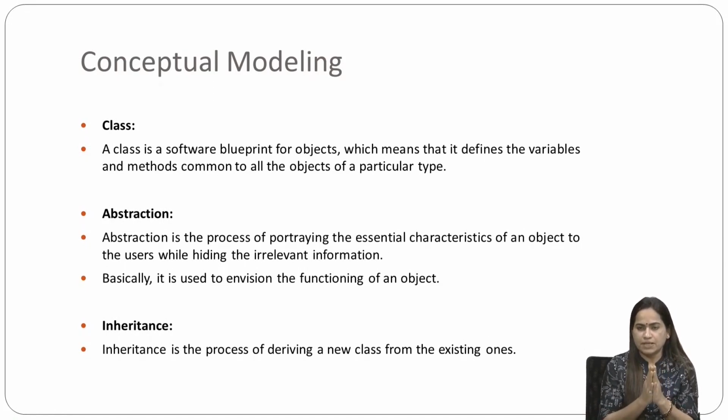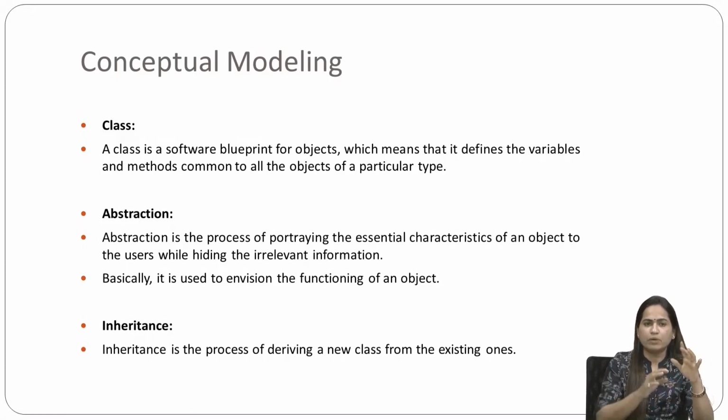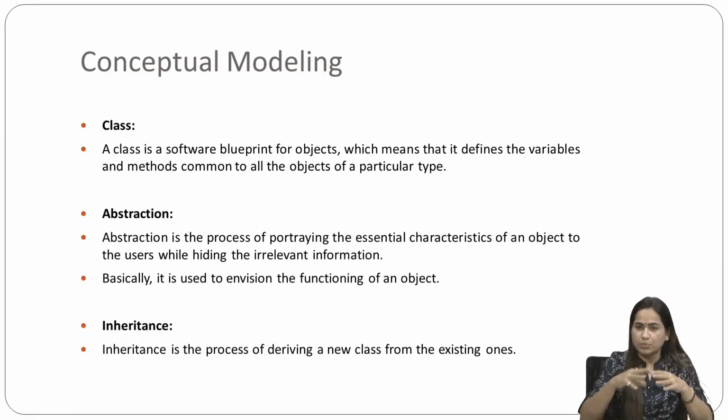Irrelevant information gets hidden with the help of abstraction. It is a process which helps us show the essential characteristics only. Basically, it is used to envision the functioning of an object.